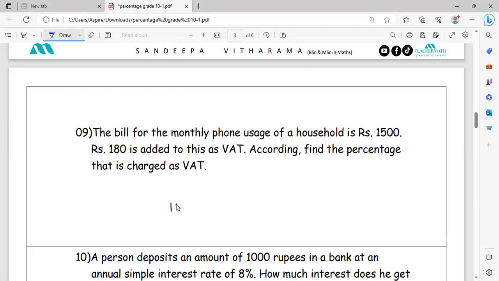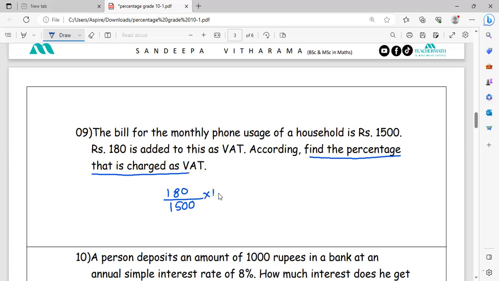If the value of the service is 1,500, the VAT is 180. Now you have to calculate the percentage. When you calculate a percentage, it means you have to find, if the service is 100 rupees, what is the amount that has to be paid as the VAT?